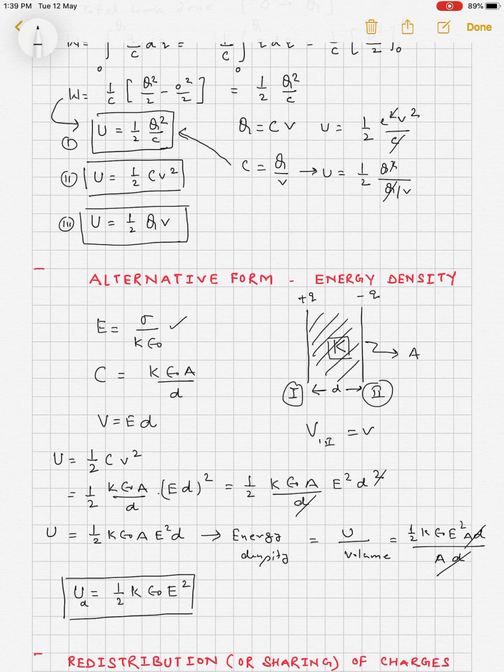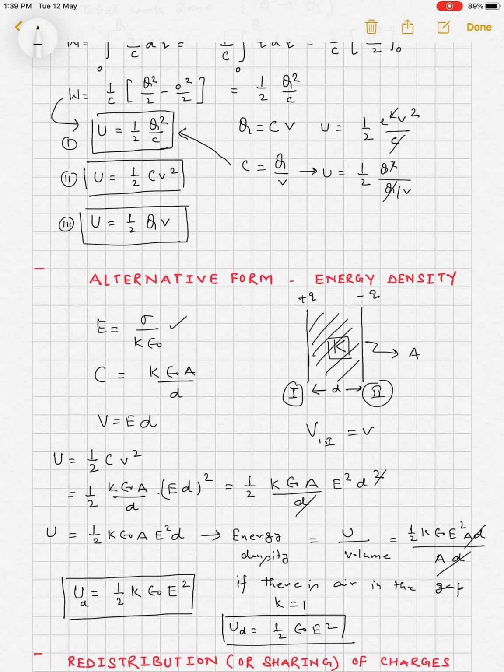If there is air in the gap, the value of K will be 1. So K equal to 1. In this case, UD is equal to half epsilon naught E square. So this is the relation of energy density.